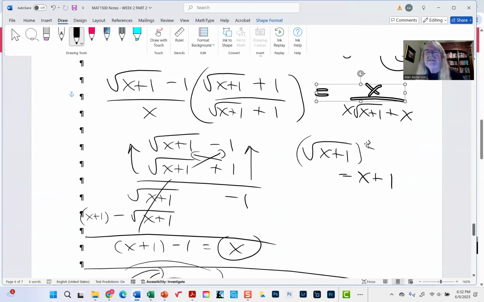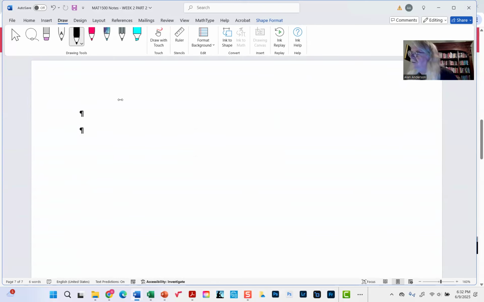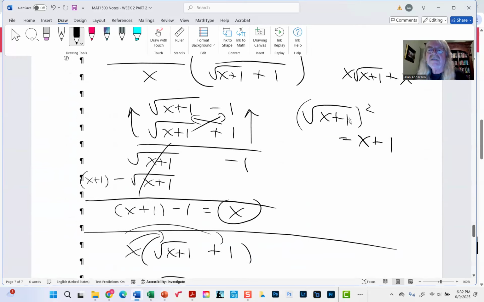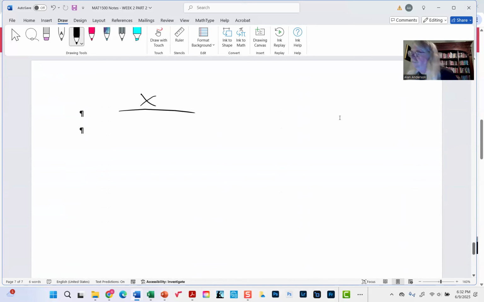All right, x radical x plus 1 plus x. So there's clearly a common term of x in all three terms, the one in the numerator and the two in the denominator.